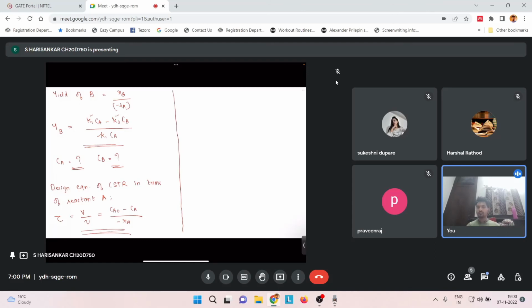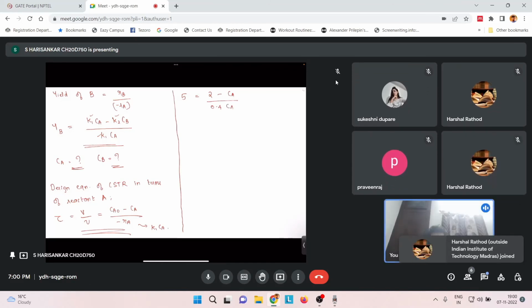So substituting the values, tau will be 5 minutes, and that is equal to Ca0 minus Ca by minus Ra, with Ca0 given as 2. So this minus Ra will be K1 Ca, and K1 is given as 0.4. So 0.4 Ca.